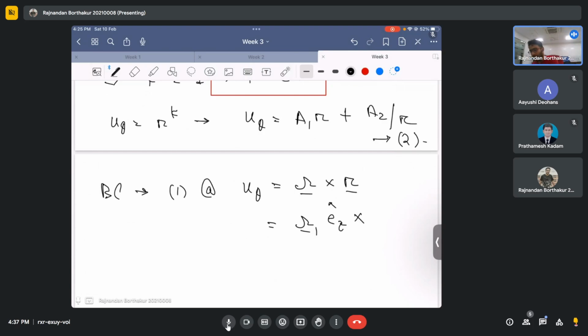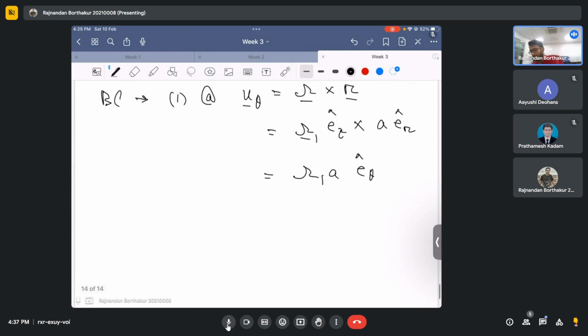And at r equals a, this r becomes a times the radial vector, which is a times er, where er hat is the radial vector. Ez cross er is basically e theta, and you can verify it. This is just the cross product that we do. That's why this becomes omega 1, of course a vector, times a times e theta.